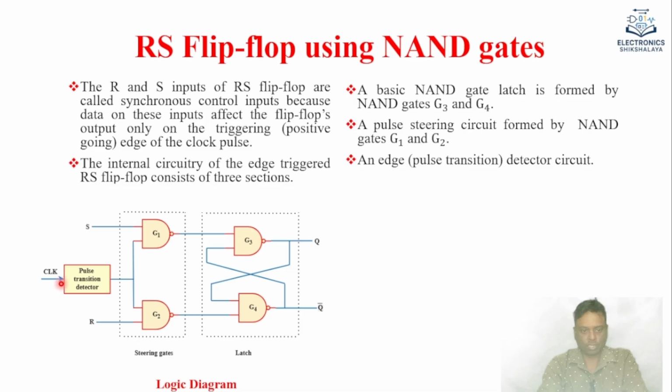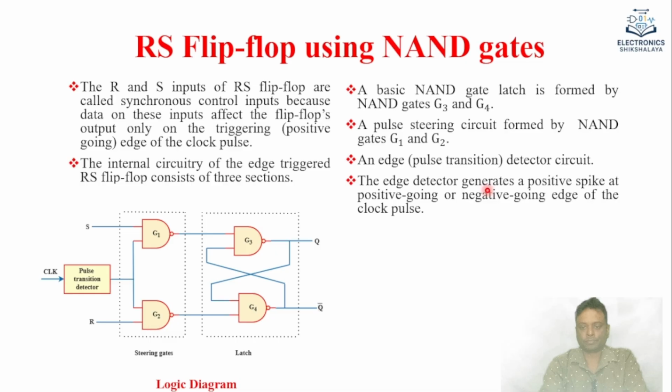There is a clock signal, and the clock is passed through the pulse transition detector, which produces a narrow spike that is passed to the steering gates. The edge detector circuit generates a positive spike at the positive going or negative going edge of the clock pulse. Depending upon the clock, it will generate this type of spike.